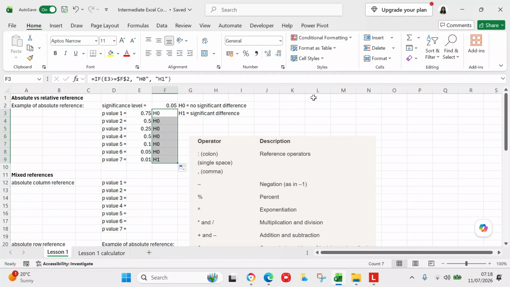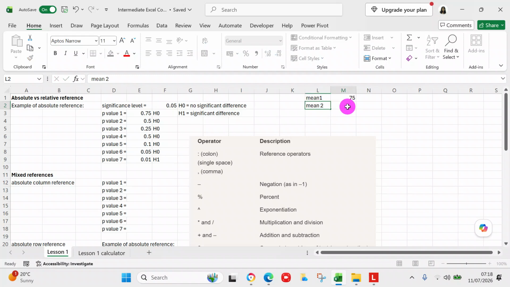So what we can do to test this out is say mean 1 is 75, and mean 2 is 80. Then you can do a hypothesis test, and basically it's just telling you the result of this hypothesis test.